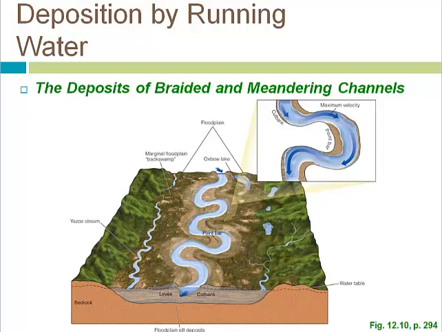I would like to point out that if you look at the inner side of the meander where you're getting this bar formed, if you go to any one of our rivers, including the Grand River, and look at where there's a sandbar, the material at the top up here where the pointer is going to be probably consists of larger material.